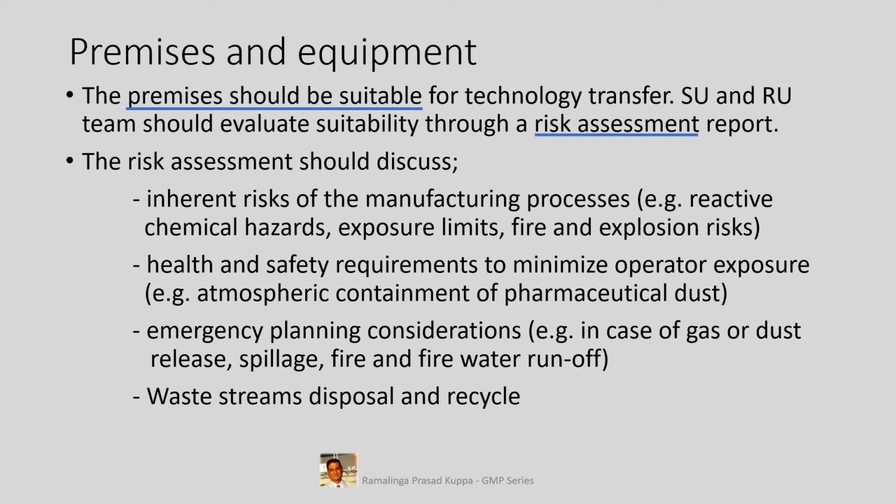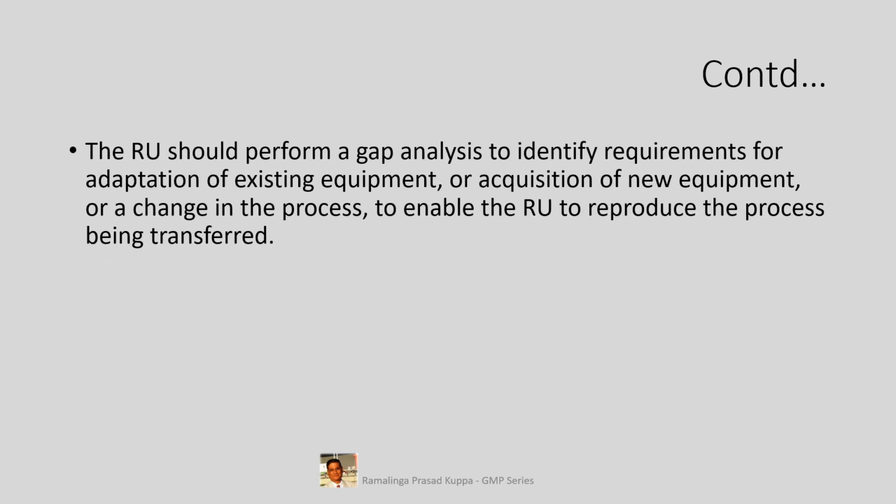Both the sending unit and the receiving unit should discuss the suitability of all equipment for technology transfer at receiving unit. The risk assessment should discuss all these items in much detail. The RU should perform a gap analysis to identify requirements for adaptation of existing equipment or acquisition of new equipment or a change in the process to enable the RU to reproduce the process being transferred.